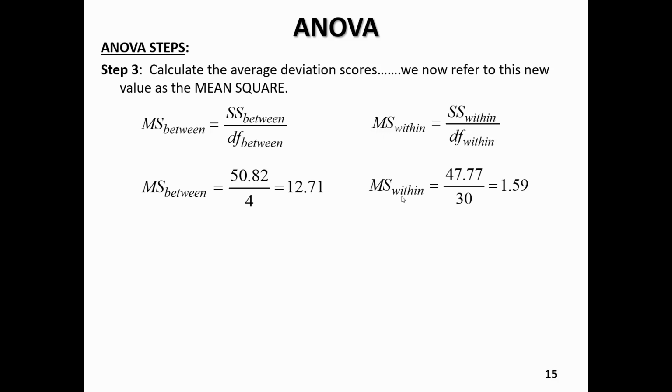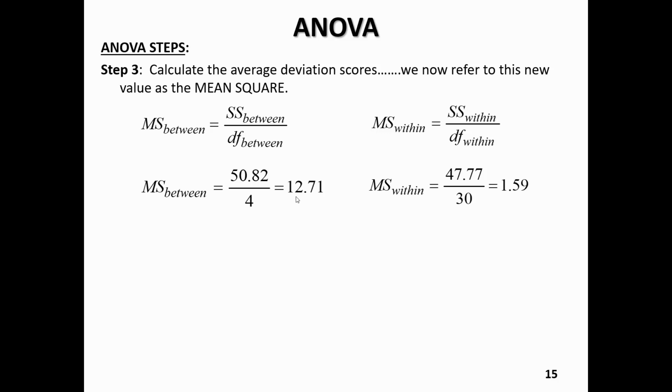The within variance term, or mean square term, is simply the 47.77 divided by 30, and that gives us a much smaller variance term, 1.59, when we take a look at the variability inside all the groups simultaneously, compared to the variance between the averages of the 5 groups.